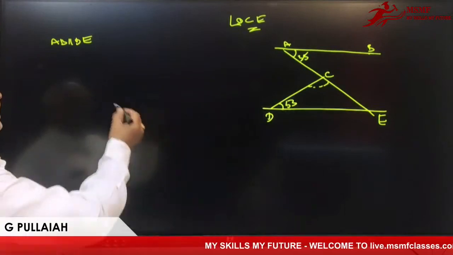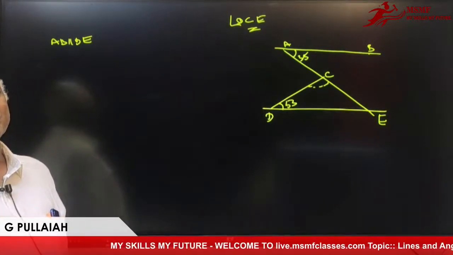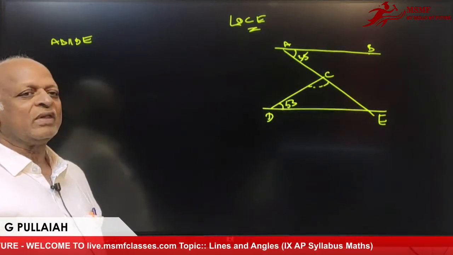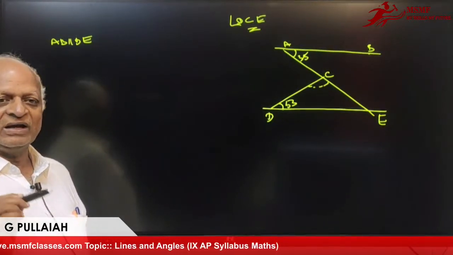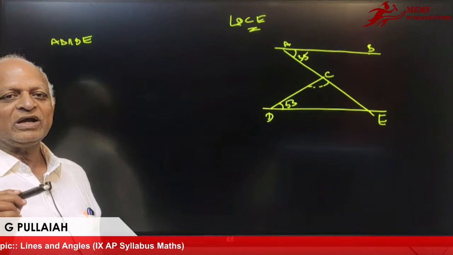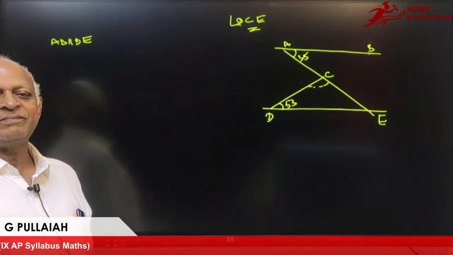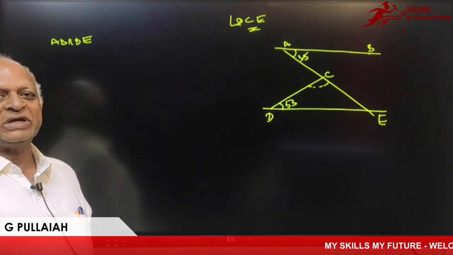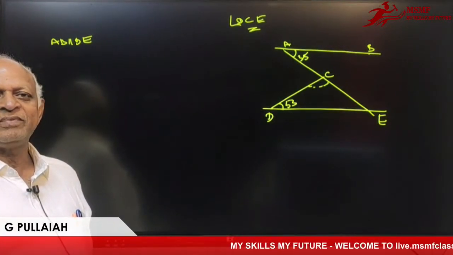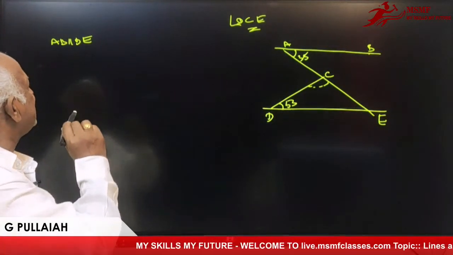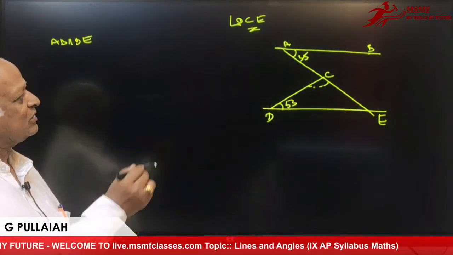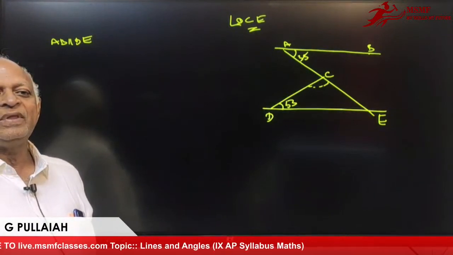Whenever they give the concept of parallel, you must see very carefully. Can we take up any alternate angles, can we take up any corresponding angles, or can we take up any exterior opposite angles, something like this. Because they gave AB parallel to DE, and our question is to find angle DCE.